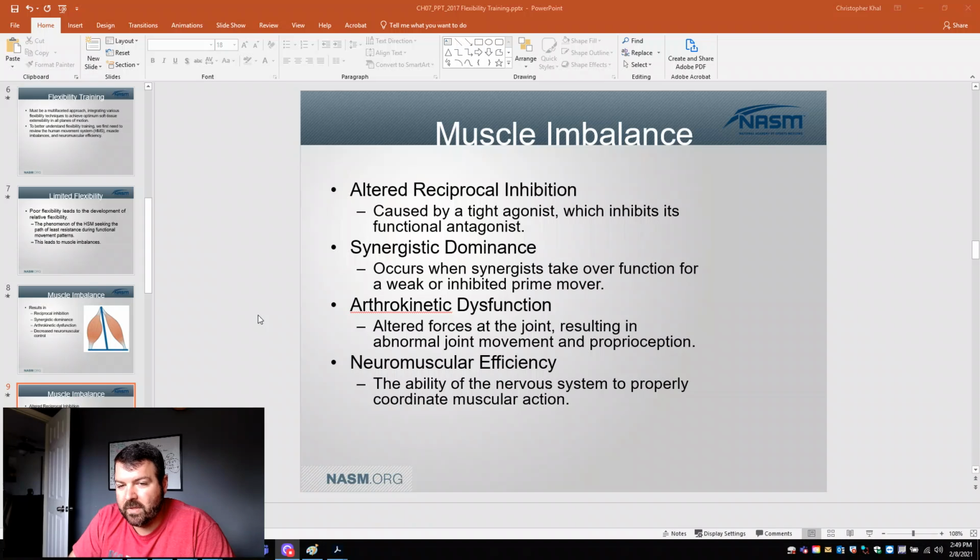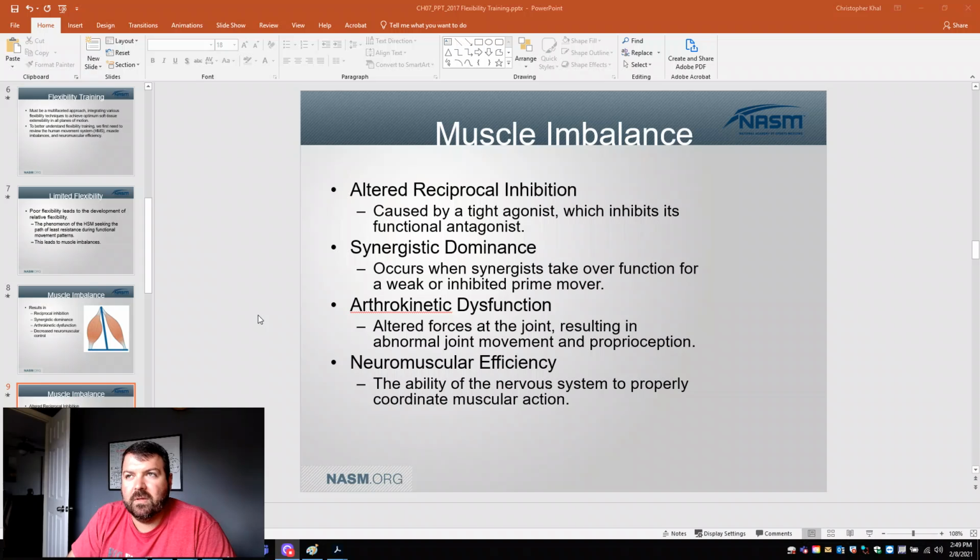A good example of this is the hamstrings. When we stand up, sit down, all that stuff, we use our hamstrings and our glutes a lot. But what really happens is we don't utilize our glutes to their full potential most of the time. So as a result, we have poor neuromuscular efficiency.